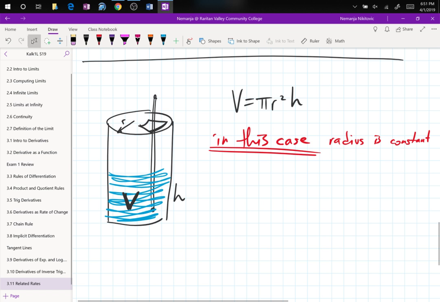Now, a simple Google search will tell you what is the radius of the soda can. And believe it or not, a simple Google search will tell you what is the size of the average sip from the can.